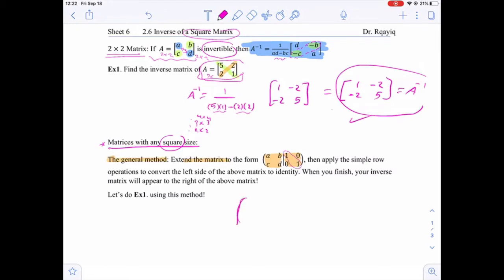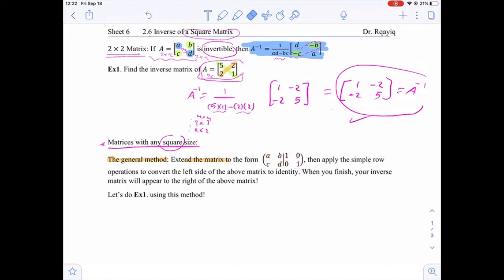For example, if we have a 3 by 3 matrix, for example 3 1 1 0 2 5 2 1, then we need to add the 3 by 3 identity. This is the identity matrix. As you can see, it has the same size, 3 by 3, as the original matrix, and the ones are on the main diagonal, and anything else is 0.